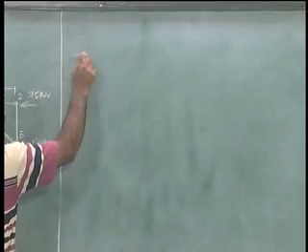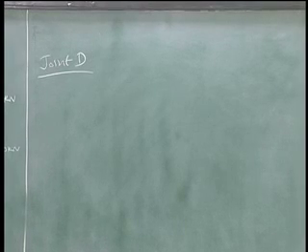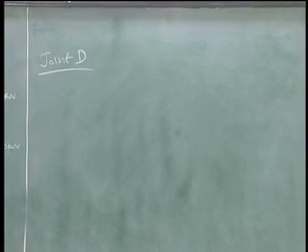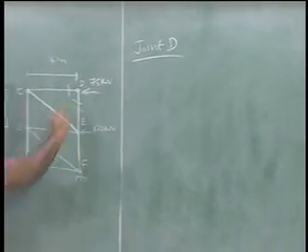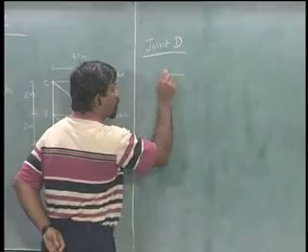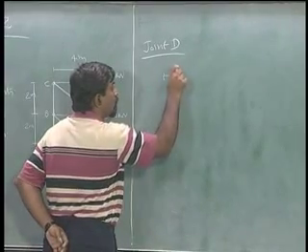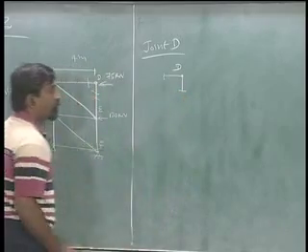So we write joint D. First thing that we have to do is to draw the free body. How do I draw the free body? I cut here and I cut here, remove this. Okay. So that is what I am drawing here. This is point D, joint D, I have cut here.